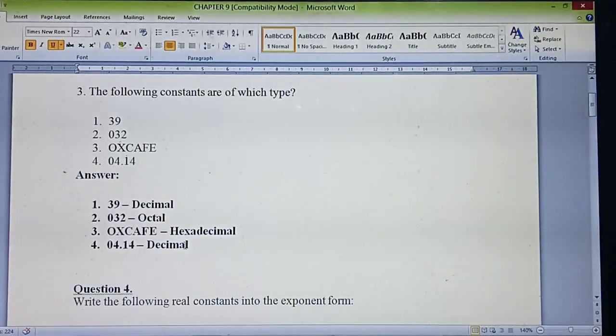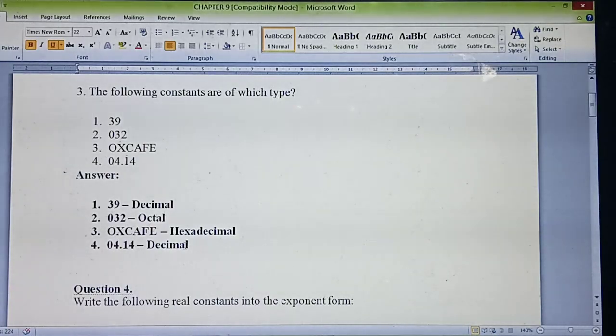Completed? 39 means decimal, 032 means octal, 0xCA starts with 0x, which means hexadecimal, then 0.414 means decimal. Write fast.